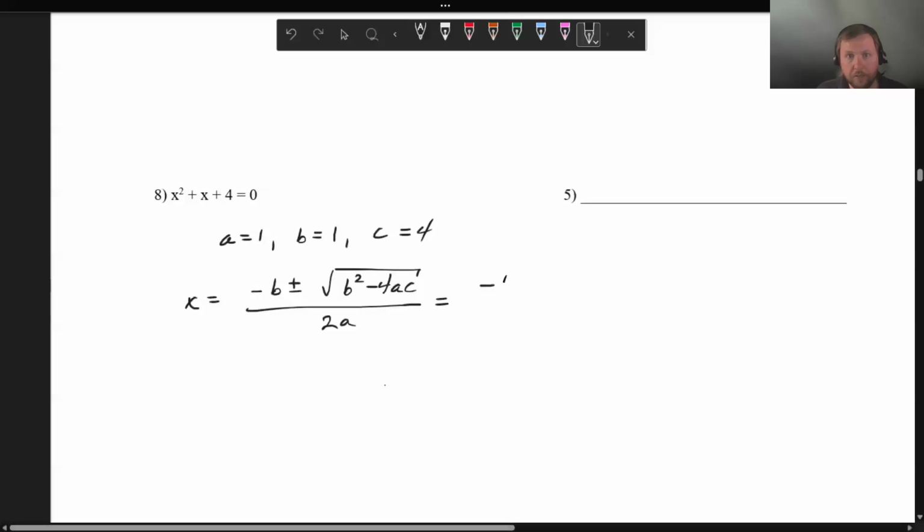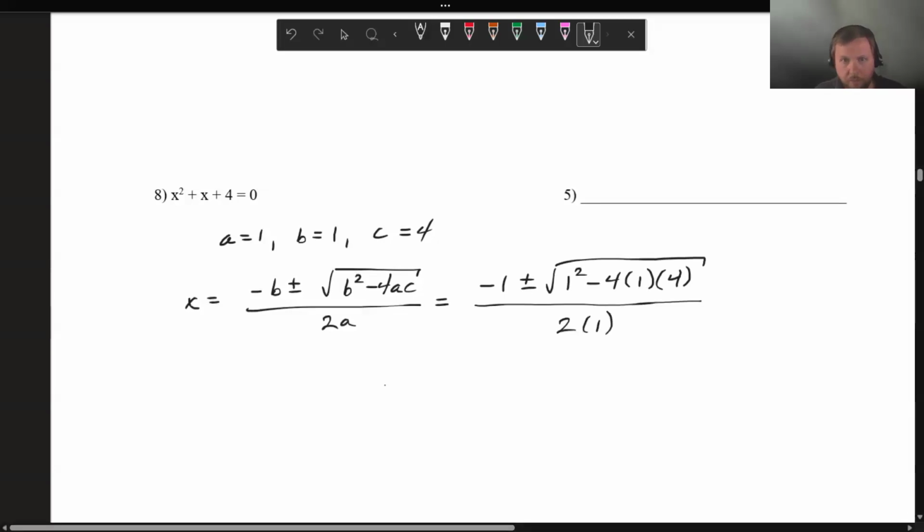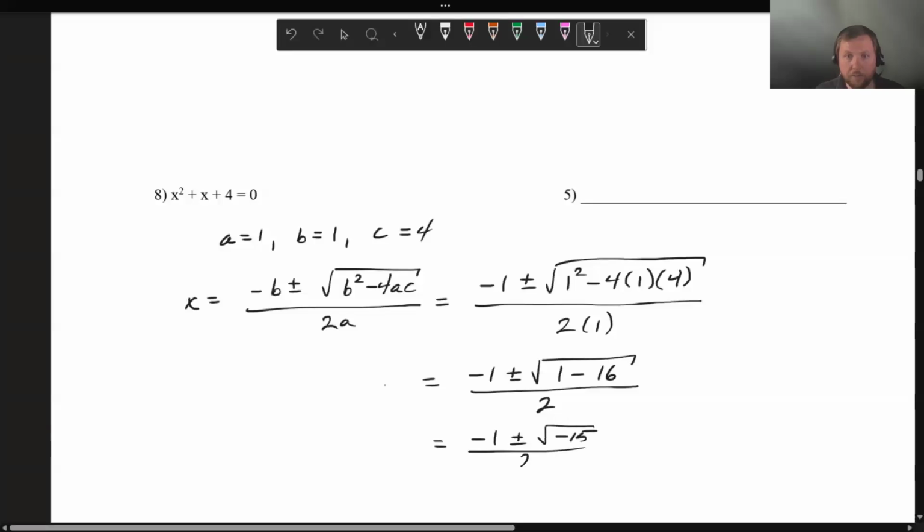So I have negative 1 plus or minus the square root of 1 squared minus 4 times 1 times 4 all over 2 times 1. So I have negative 1 plus or minus the square root of 1 minus 16 all over 2. Negative 1 plus or minus the square root of negative 15 over 2.